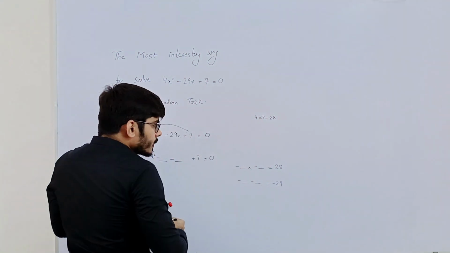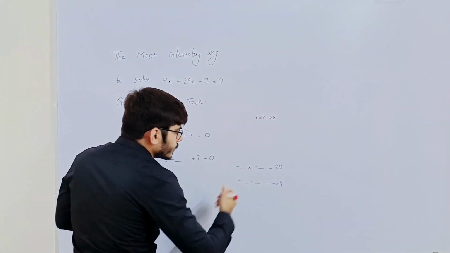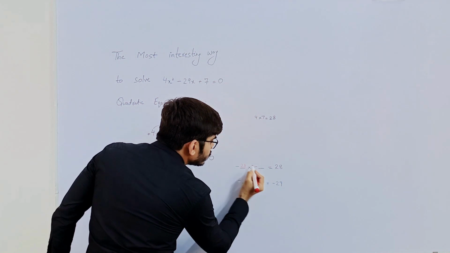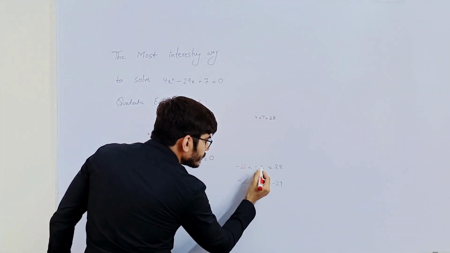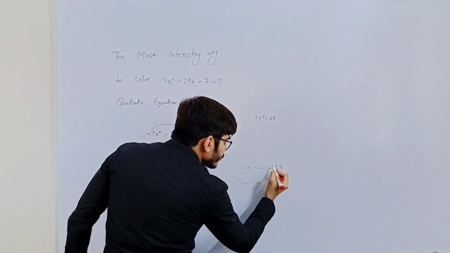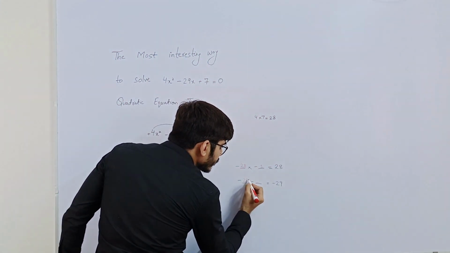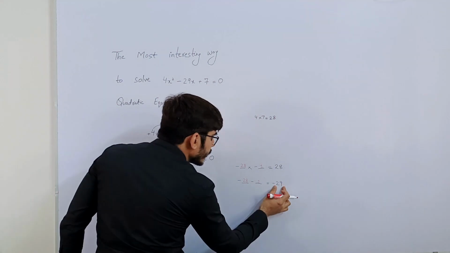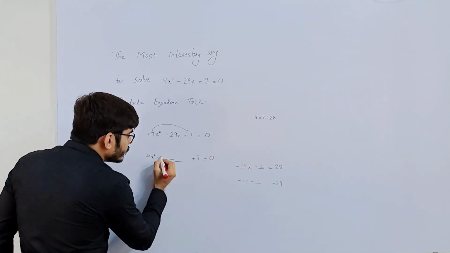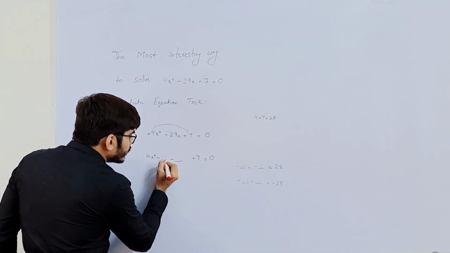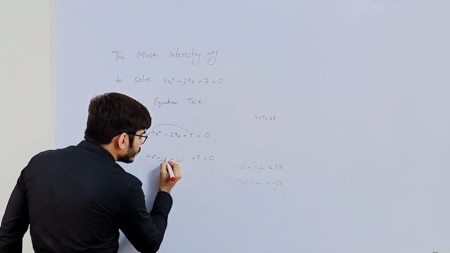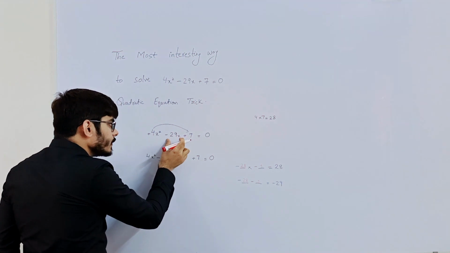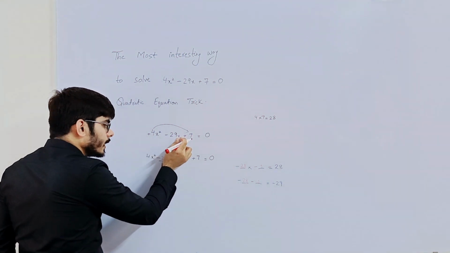So those two numbers are 28 and 1, because minus 28 times minus 1 is plus 28 and minus 28 minus 1 is minus 29. So we just have to write minus 28x and minus 1x, because in the middle term we have minus 29x.